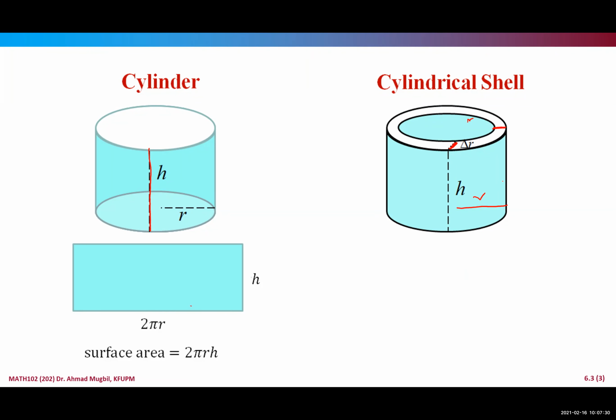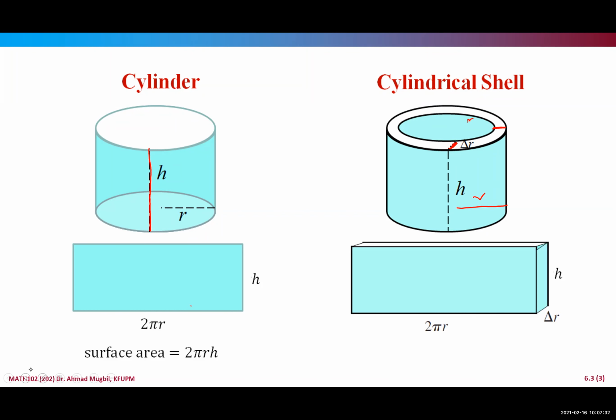In this case, the same way, if you cut it at this place and then expand it, you will have this rectangular box. This rectangular box has a volume. Its volume will be just the 3 dimensions multiplied by each other. So it will be this 2πr multiplied by the thickness multiplied by h. So it is just like this, but multiplied by a new variable delta r. So this will give you the volume of the cylindrical shell.